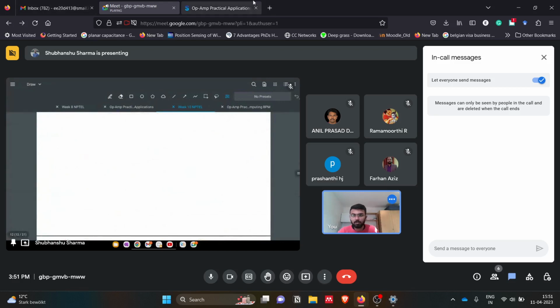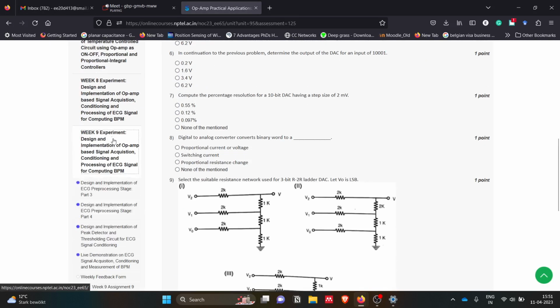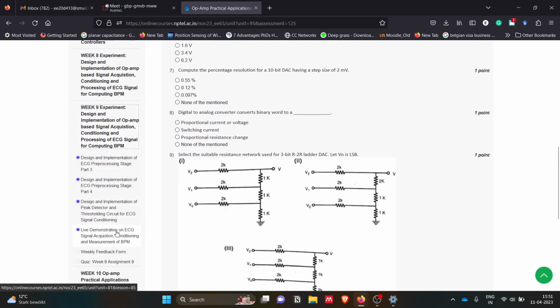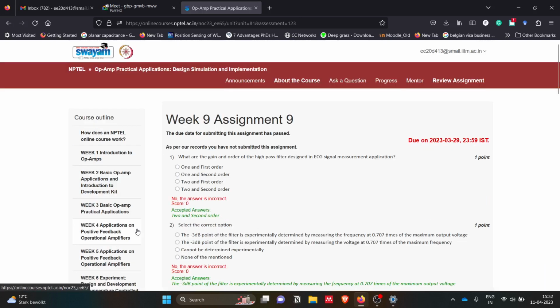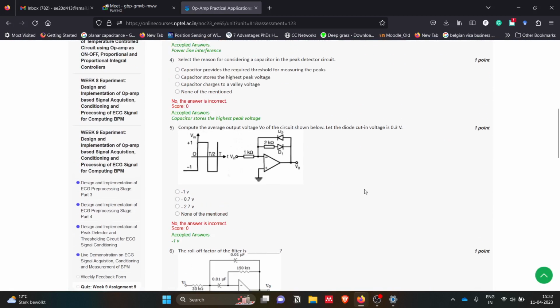So I will just open it here. In this question, we have an op amp with this configuration.